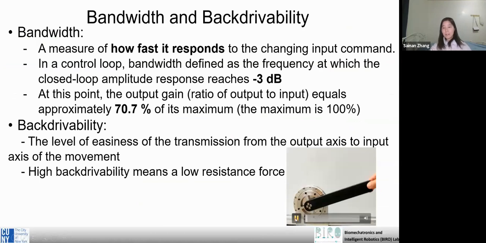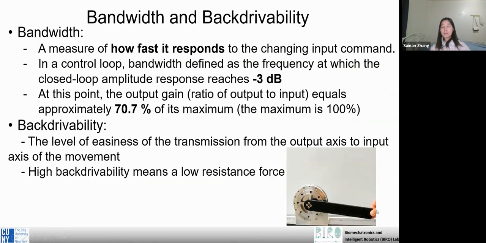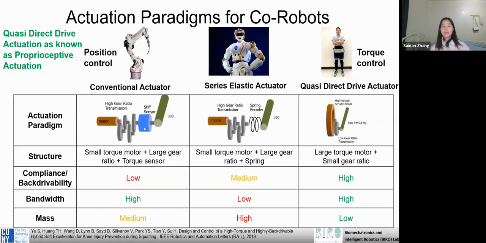You can see the video. High backdrivability means low resistance. When we put a force on the unpowered actuator and rotate the rod, if it is easy to move, that means it has high backdrivability. If it is hard to move the output part, that means it has low backdrivability.